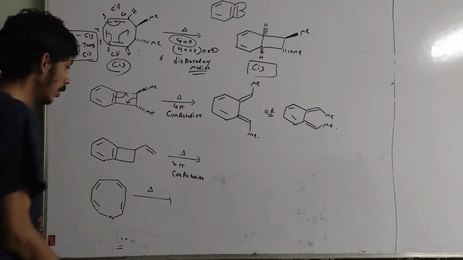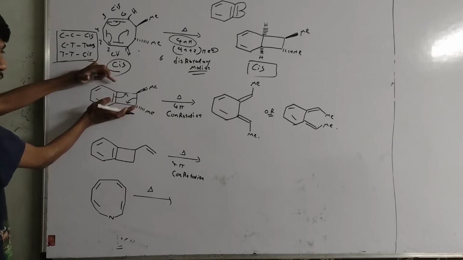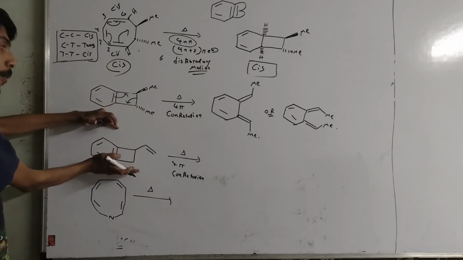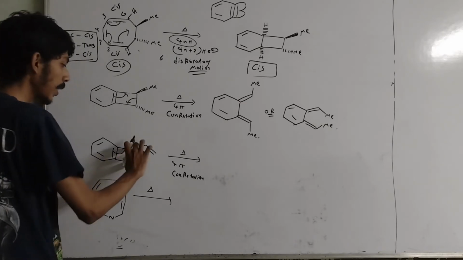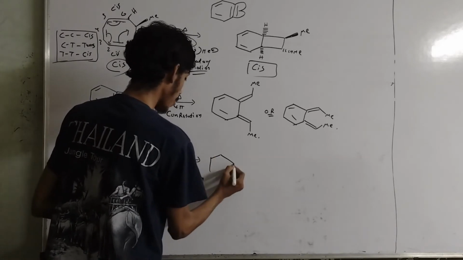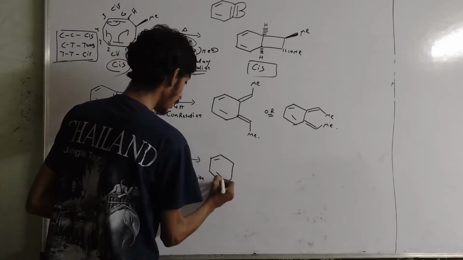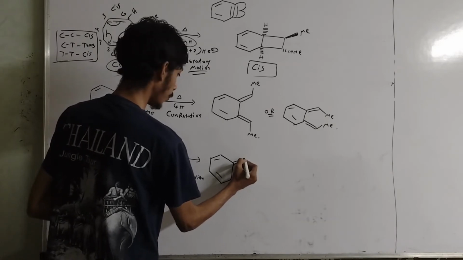Similar reaction occurs in this case as well. So this bond goes like this and this bond goes like this. Ring opening takes place, and here the butadiene is formed.